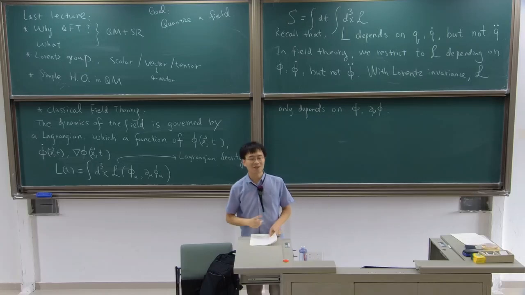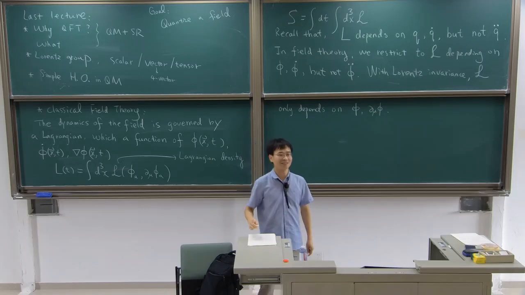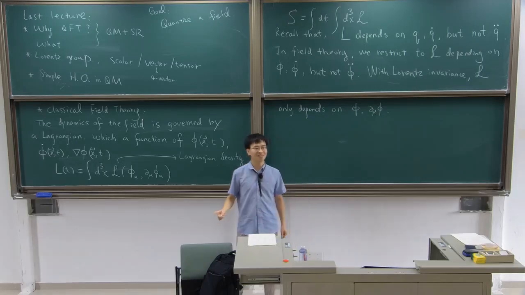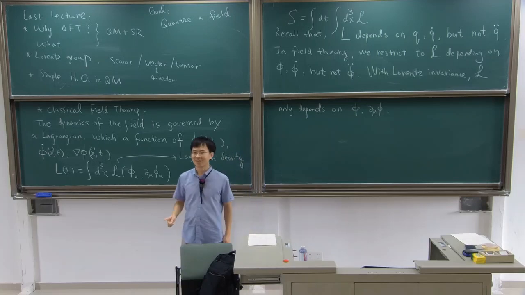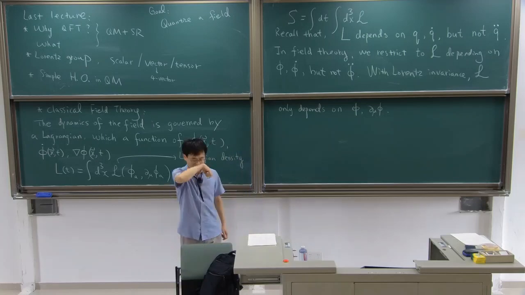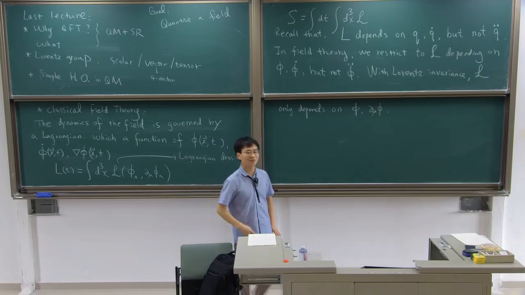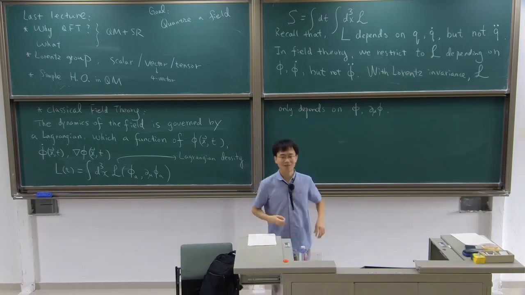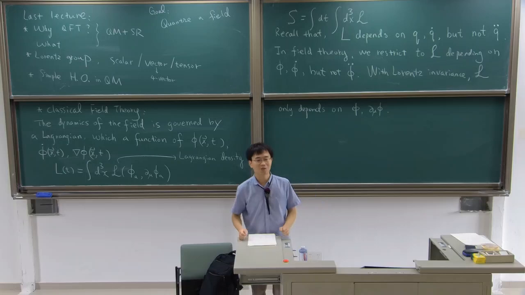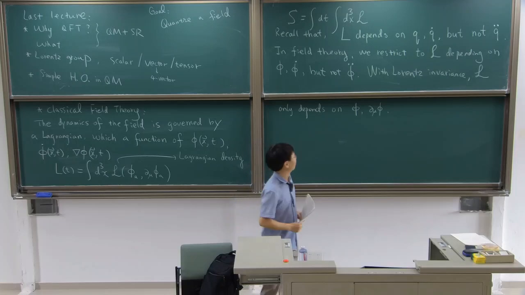But if you want to argue that you don't want Lorentz invariance for some reason, okay, this is not the topic of this course, but for curiosity, a priori we can try to write some theory breaking the Lorentz invariance. Yes, you can do that.